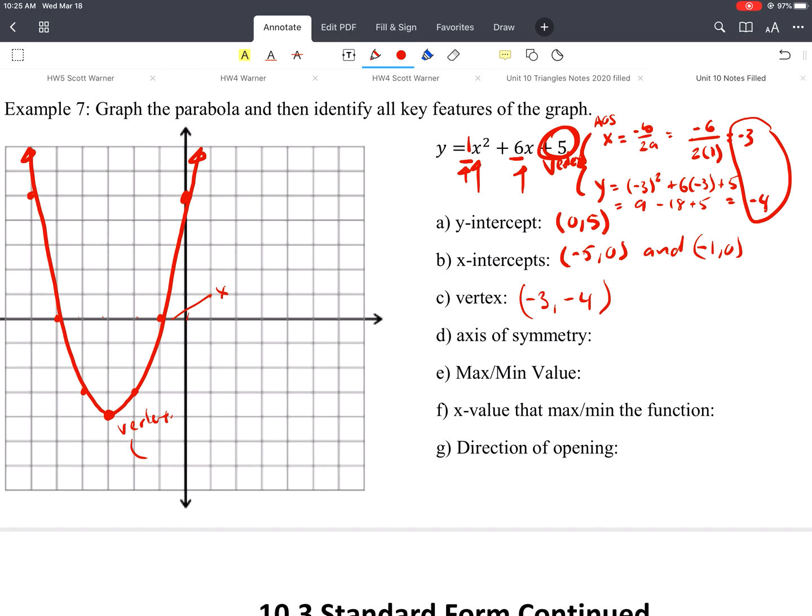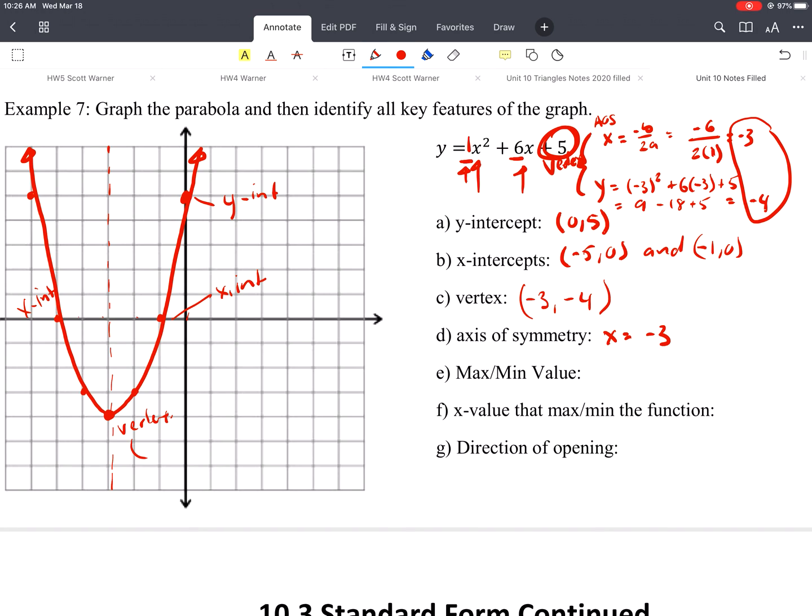Again, this is the x-intercepts. And this is the y-intercept. Okay, axis of symmetry, that was the very first thing we found, is x equals -3.